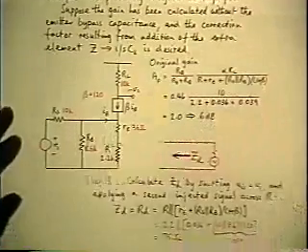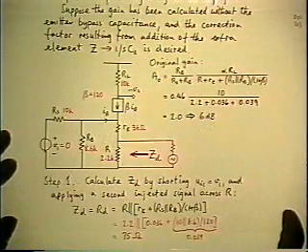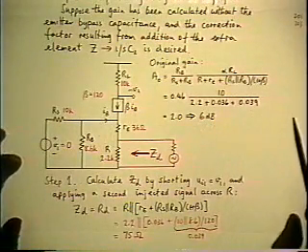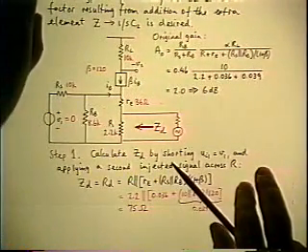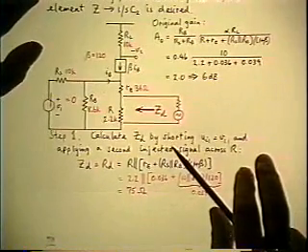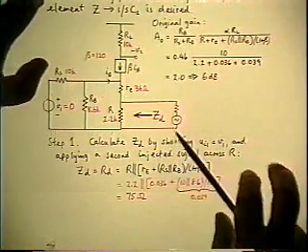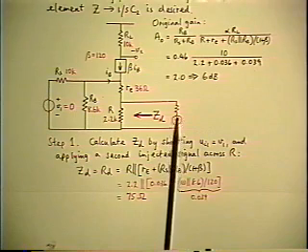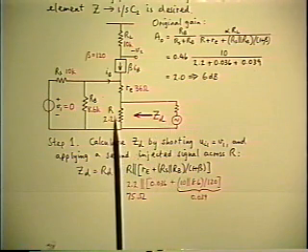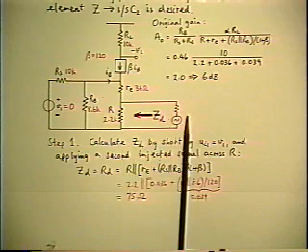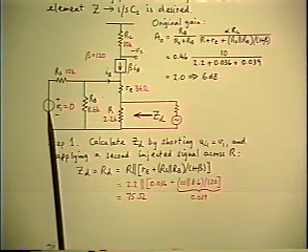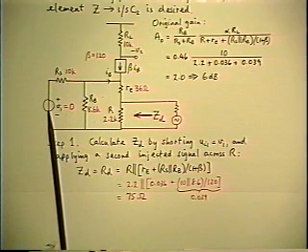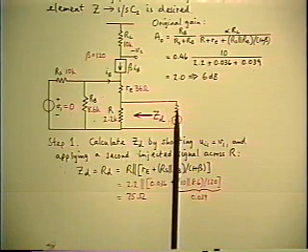So the first thing we have to do is calculate ZD, one of the two. Okay, ZD is the driving point impedance found by applying a second external input with the first input 0. V1 is 0. So this is single injection.